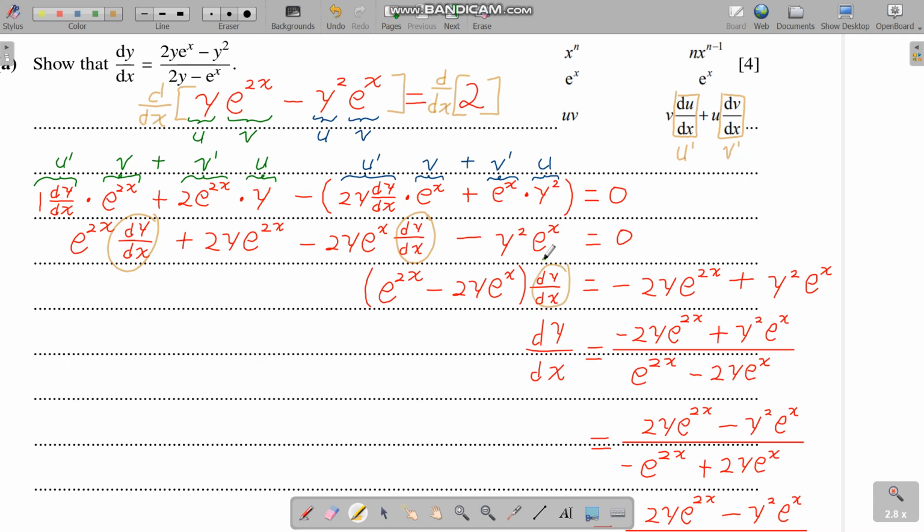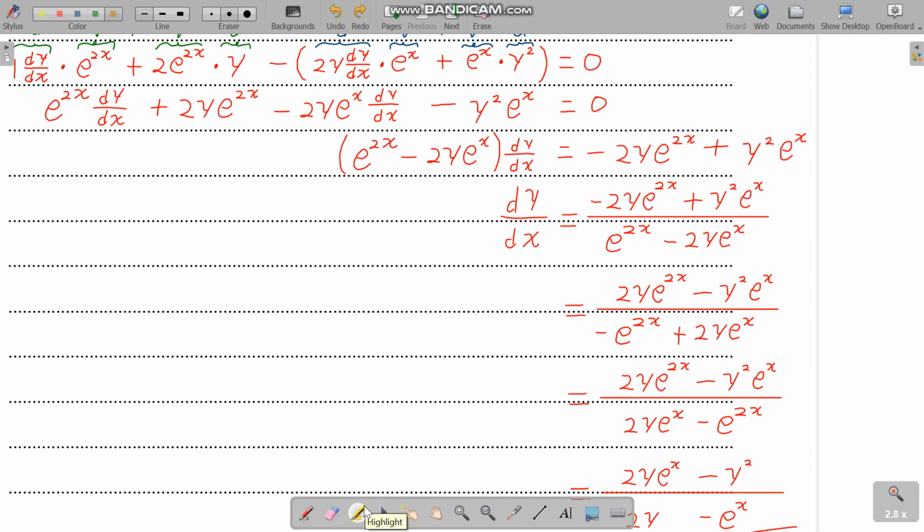So we factorize, we still have e to the 2x minus 2y e to the x. We factorize and then we divide both sides by the brackets.